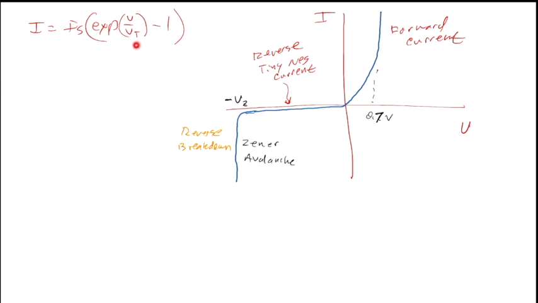And put in some numbers there, and you can see if V is negative, then e to the negative number is a very small number. So you have a small number minus 1, that's a negative number, and you'll just have this IS in front. If you have a positive number here, then quickly this minus 1 doesn't make any difference.